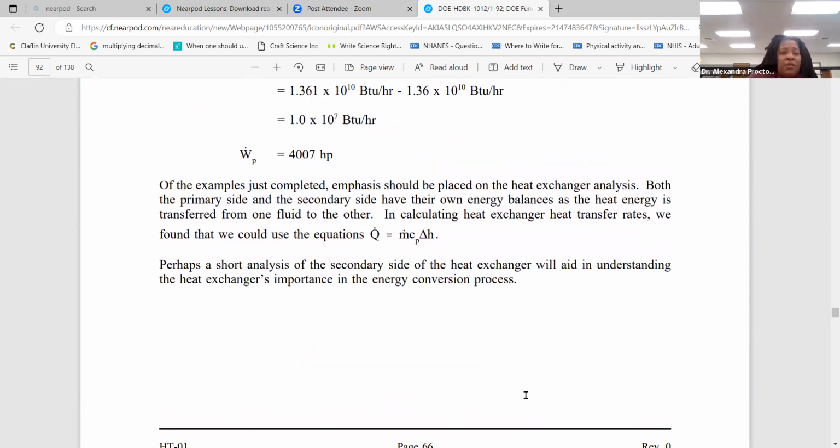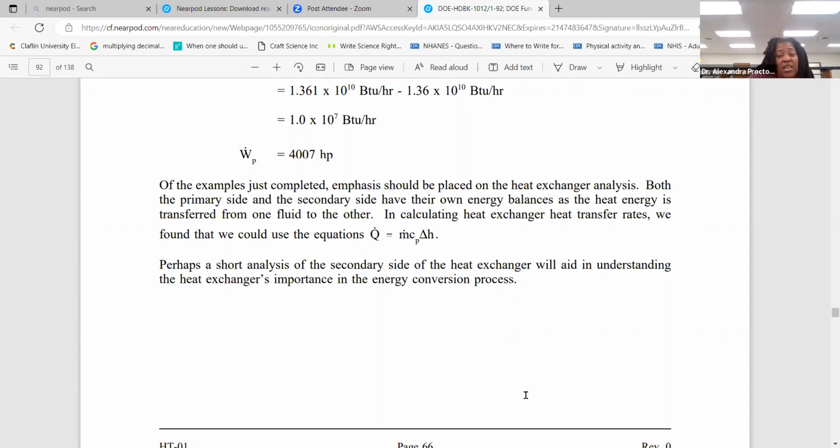So of the examples just completed, emphasis is placed on heat exchanger analysis. Both the primary side and secondary side have their own energy balance, and heat energy is transferred from one fluid to another.